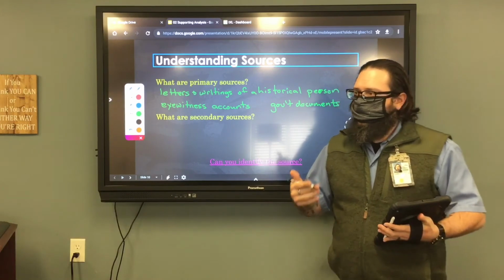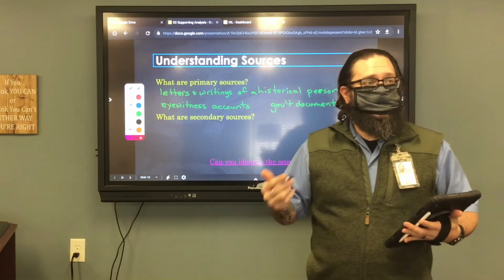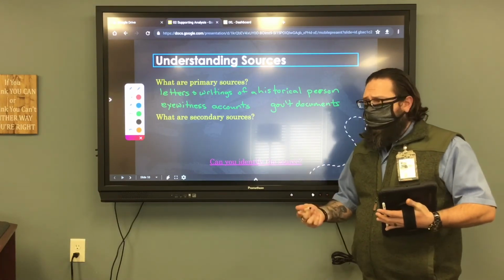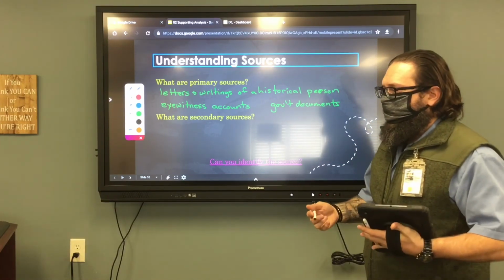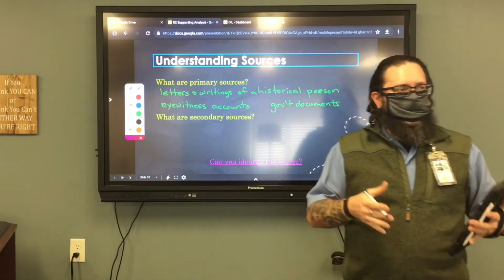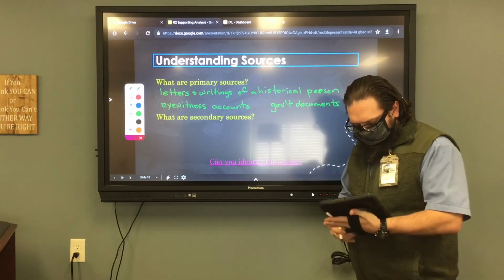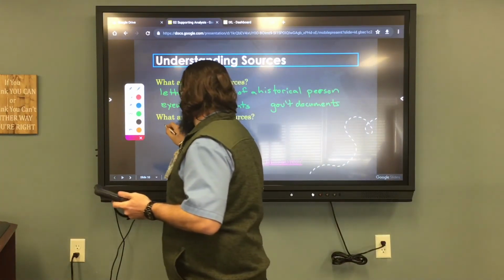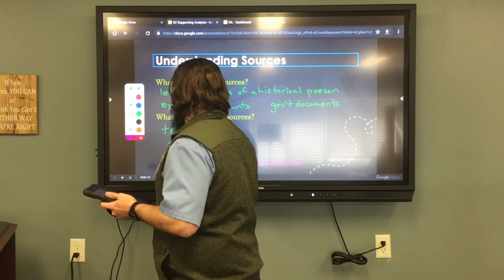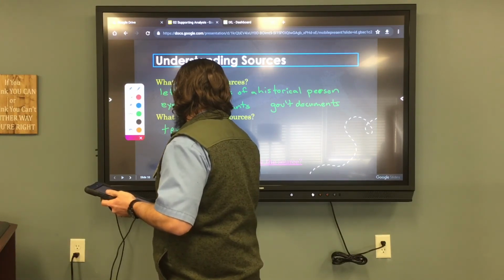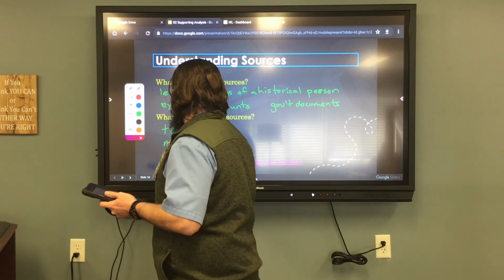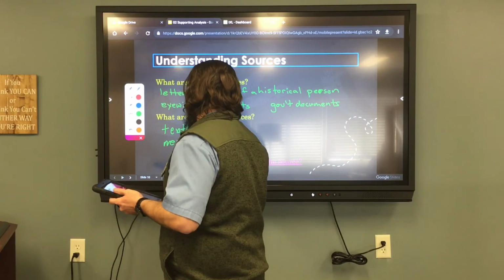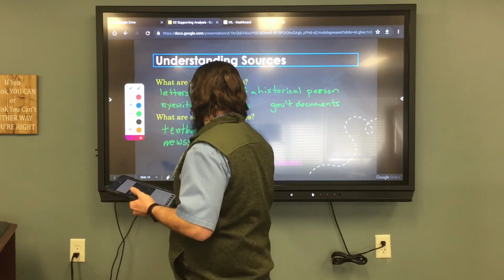Those are also a good example of secondary sources. They can provide information or present information from primary sources, but they are not the first-hand accounts themselves. Some examples of secondary sources besides textbooks or newspaper articles. Biographies. Yeah, biographies are also an excellent secondary source.